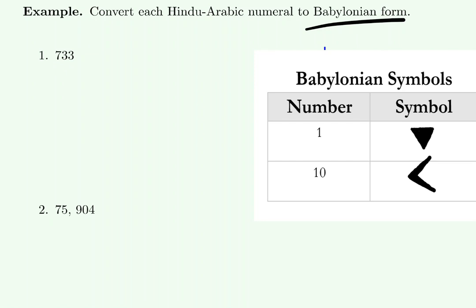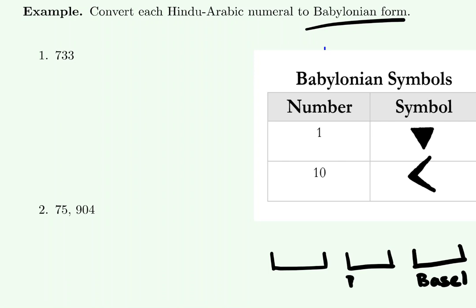Whenever you're going from our numbers to their numbers, I recommend just tracing out the basic bases that we've got. We've got 3 different bases. I'm drawing these brackets just to help me organize and think of it, where the first section shows the base 1, second section shows base 60, okay. Third shows base 3,600.